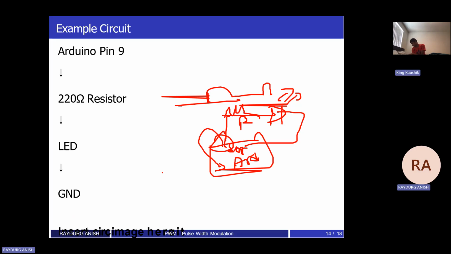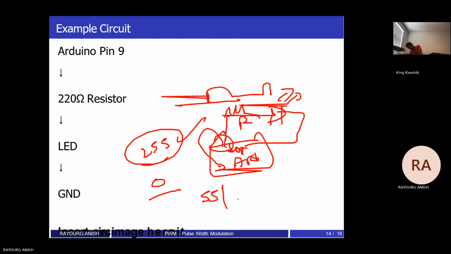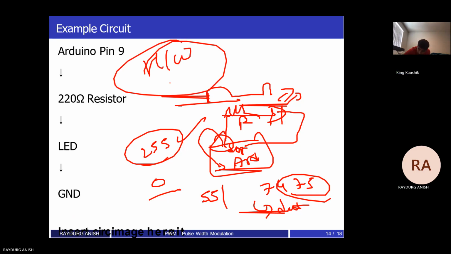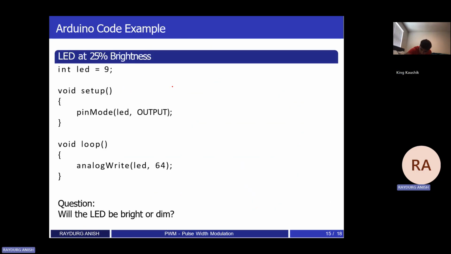Take one good LED, then check for 255 whether it is bright, and then for 0 you check it, and then try random values like 74, 75. First check the corresponding duty cycle, and then compare. So this is your homework. You need to do it.